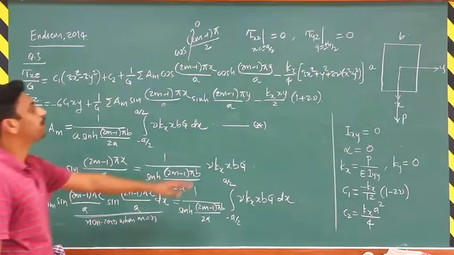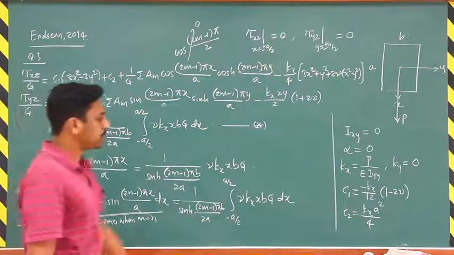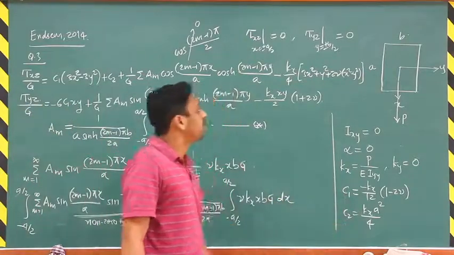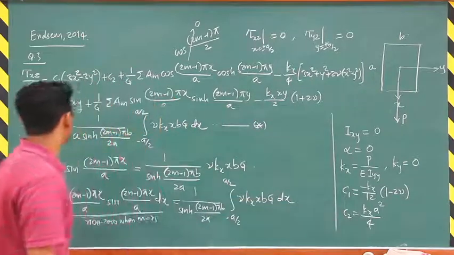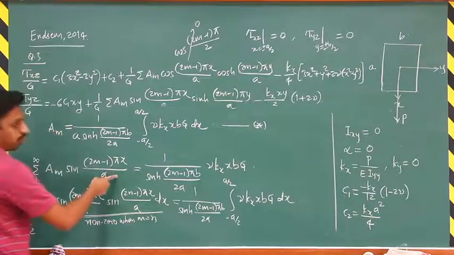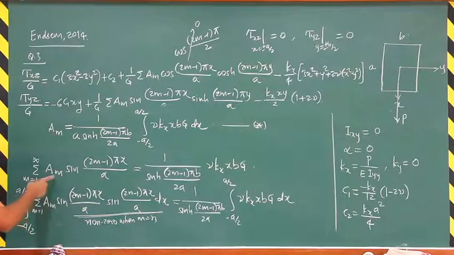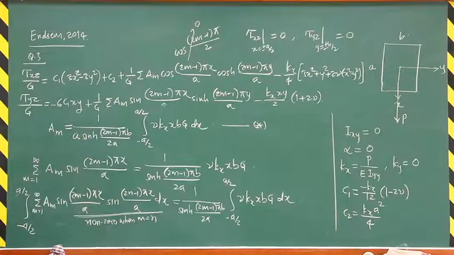By making use of the first condition, we have got the relations for c1 and c2, and by using the next condition, we have got an expression for Am. For getting this expression for Am, as this involves a series expression, we have to make use of orthogonality of the functions to find the constant Am. So by making use of the appropriate boundary conditions, we have found the values of c1, c2 and Am.